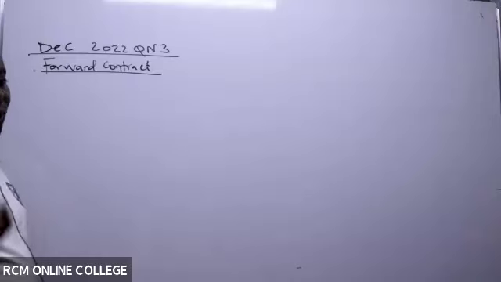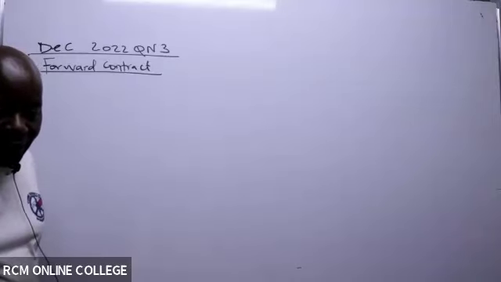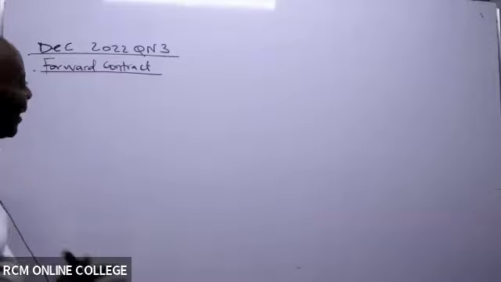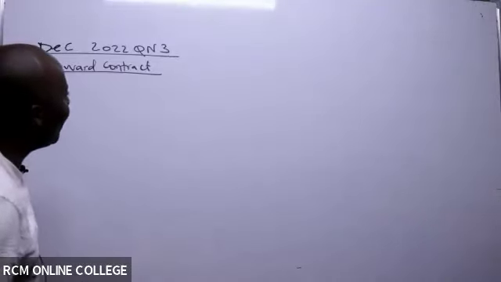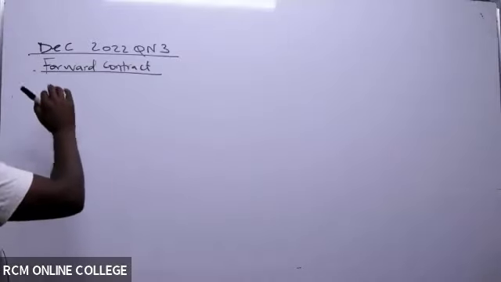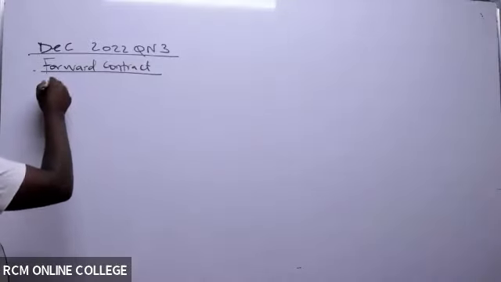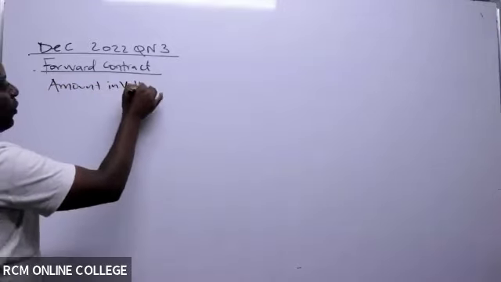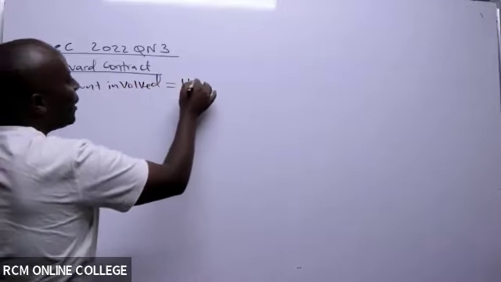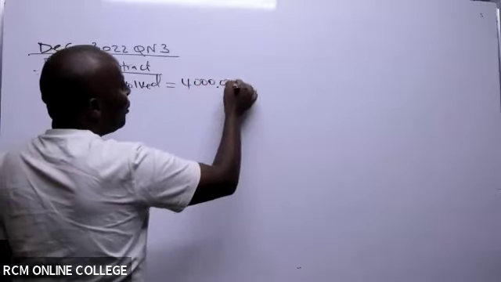I only need 2 things to be able to do it. Ladies and gentlemen, anytime they talk about a forward contract, we shall be needing 2 things. Number 1, the amount involved. They have told us it's 4 million US dollars.